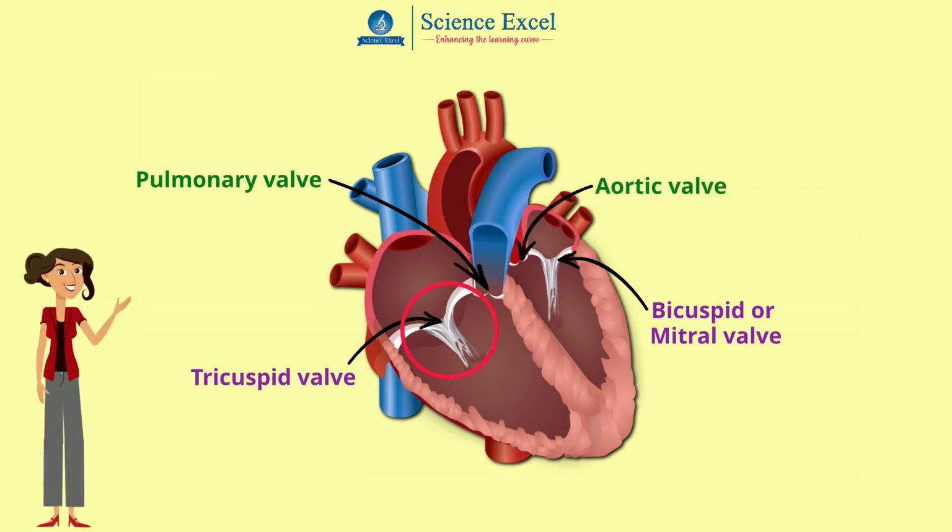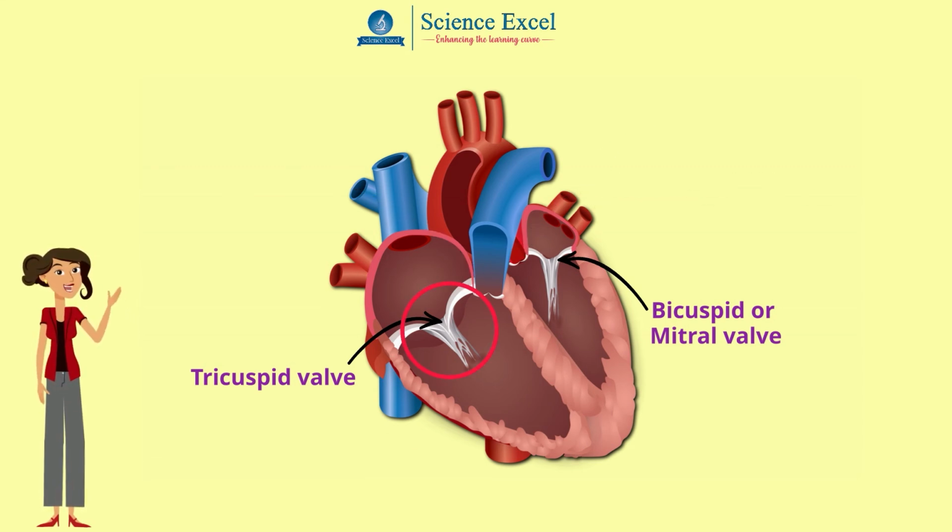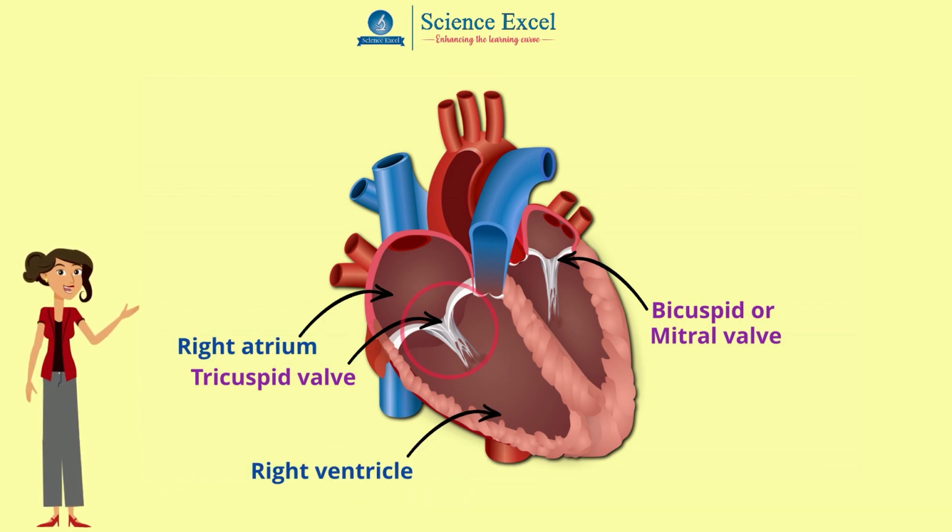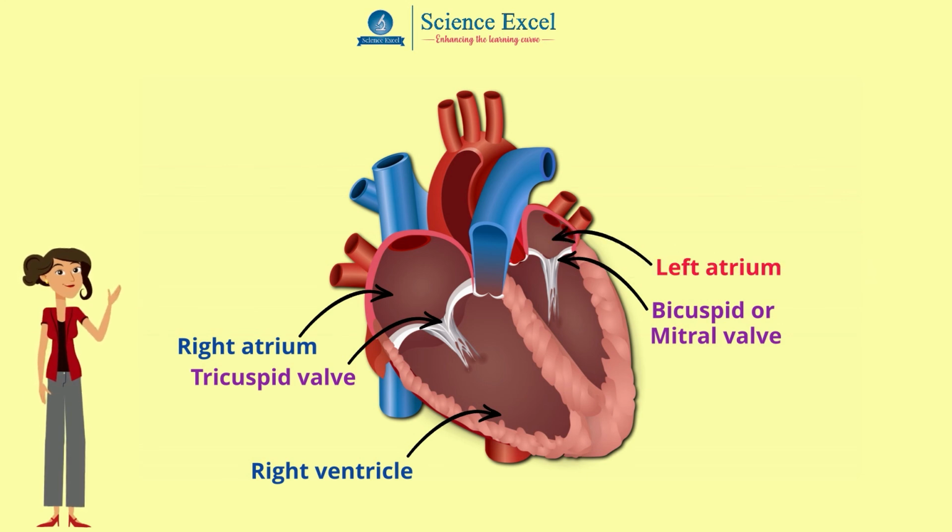The tricuspid valve, which has 3 flap-like structures or cusps, hence the name, guards the opening between the right atrium and the right ventricle, while the bicuspid or mitral valve, having 2 flaps or cusps, guards the opening between the left atrium and the left ventricle.